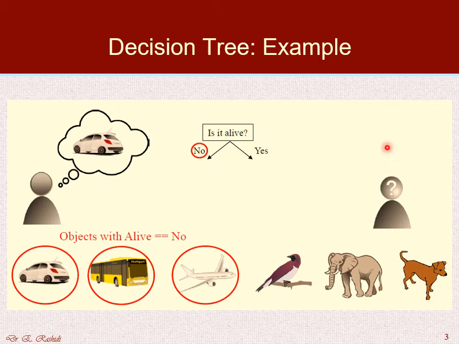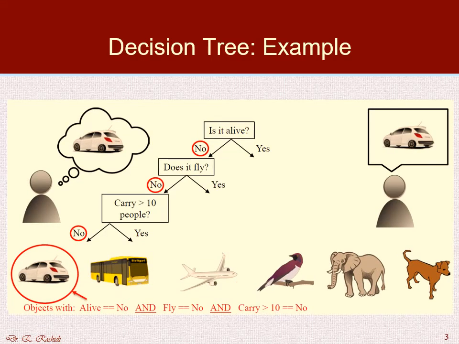What other question can you ask? So for example, you can ask whether it flies, or also another quality is its size. So by asking these 3 questions, whether it's alive, does it fly, or does it carry more than 10 people, you get to the answer, because the car that I was thinking about is not alive, does not fly, and does not carry more than 10 people.